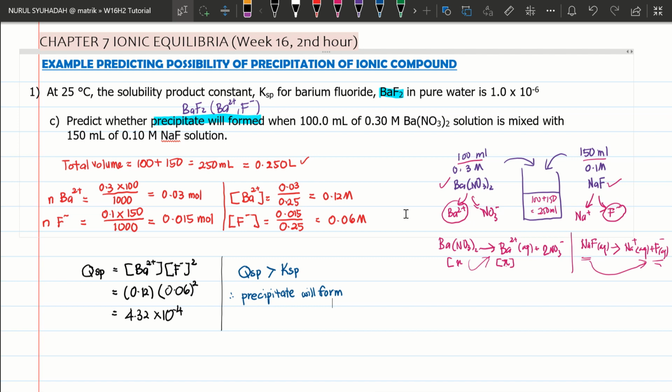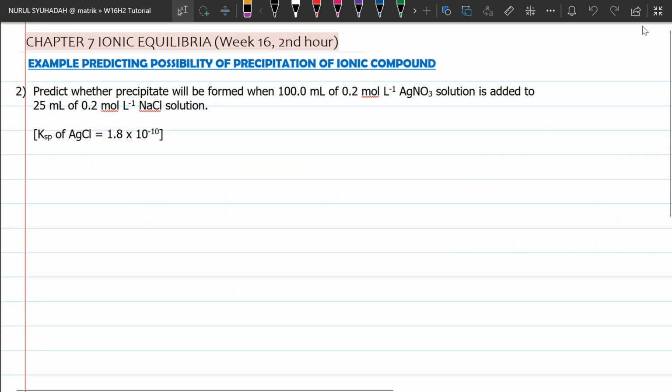So now let's move on to the second example. Okay, the second question. Predict whether precipitate will be formed when 100 ml of 0.2 mole per liter silver nitrate solution is added to 25 ml of 0.2 mole per liter sodium chloride solution.